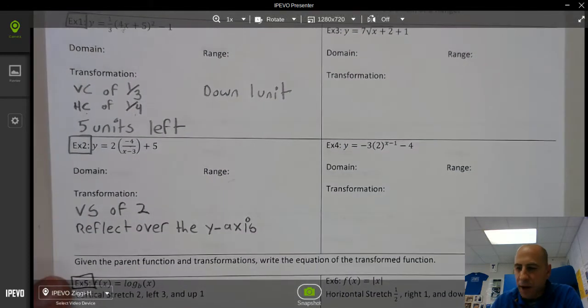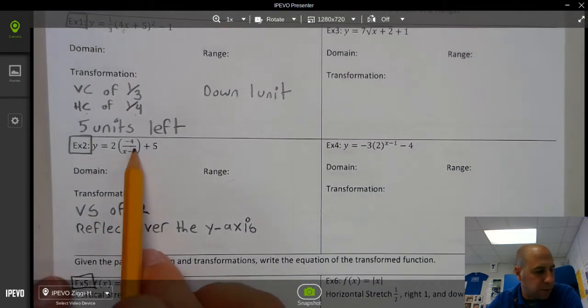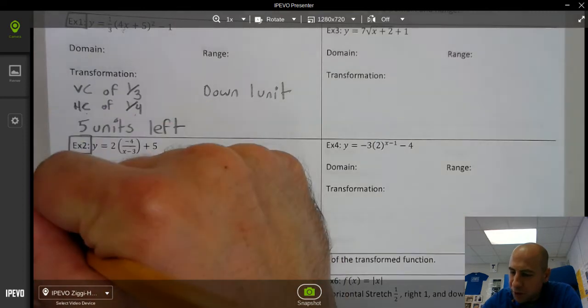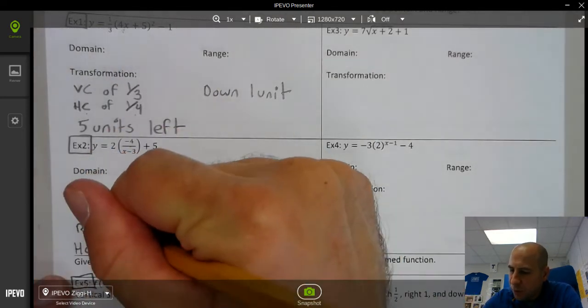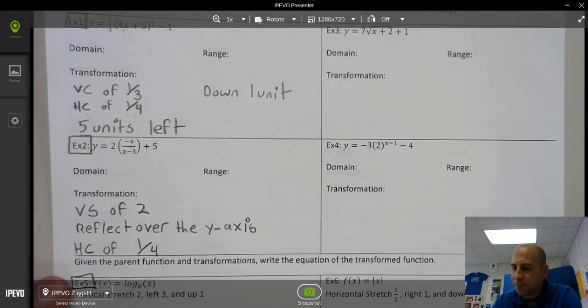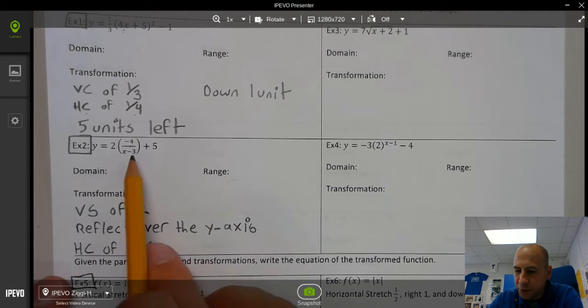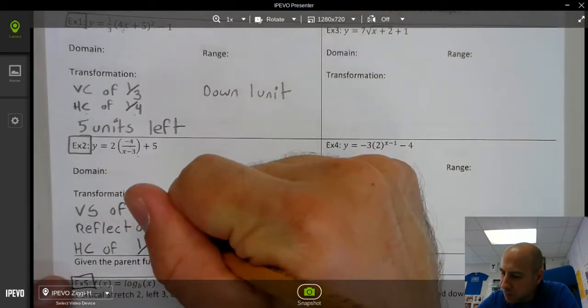Okay, and now let's look at the 4. Now the 4 is the b value. It's greater than 1, so it's a horizontal compression, but it's always opposite. So instead of 4, it's actually 1/4. Okay, and then let's look at the -3, which means we go 3 units right.